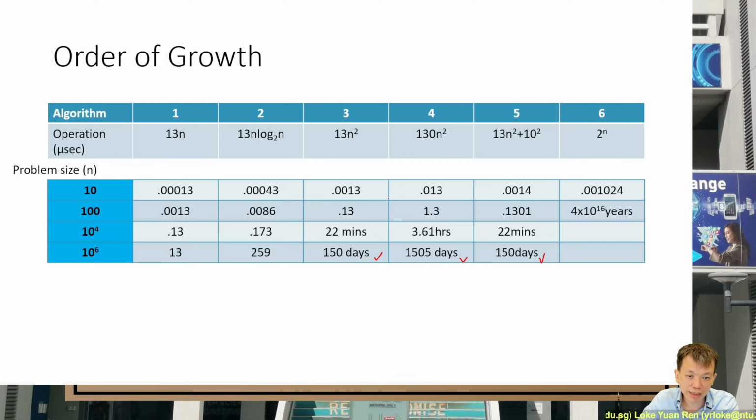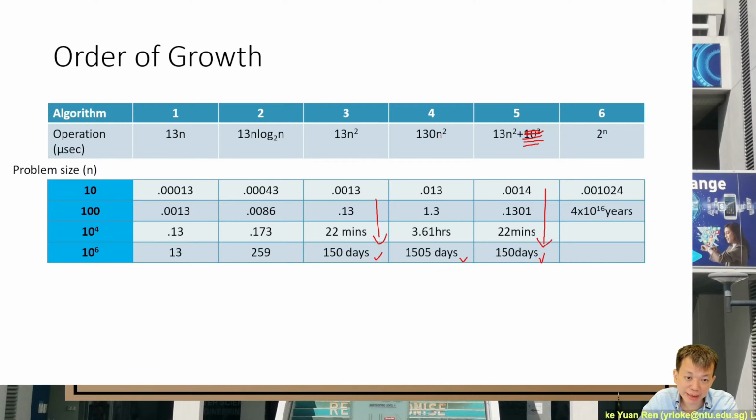The third one and the fifth one are about the same. When your problem size is a large number, this one is negligible. You can ignore it. It's nothing. This one is already 22 minutes plus that few seconds, you can basically ignore it. Not too big a difference.